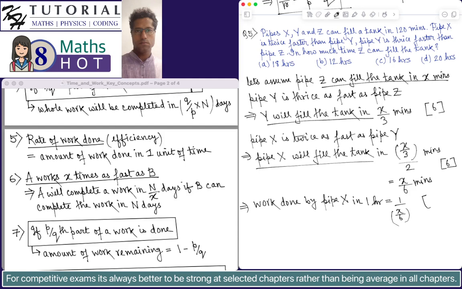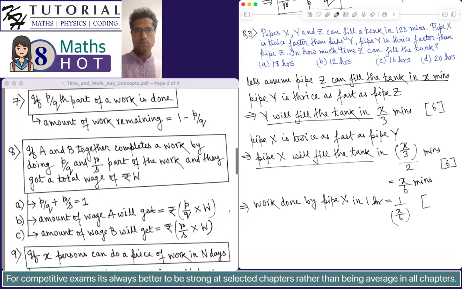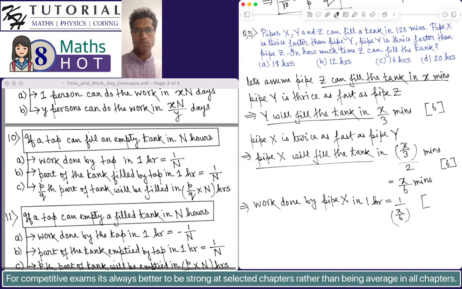This is applying the concept of 10A. Similarly, we can say that work done by pipe Y in 1 hour will be equal to 1 by x by 6, which is equal to 6 by x.